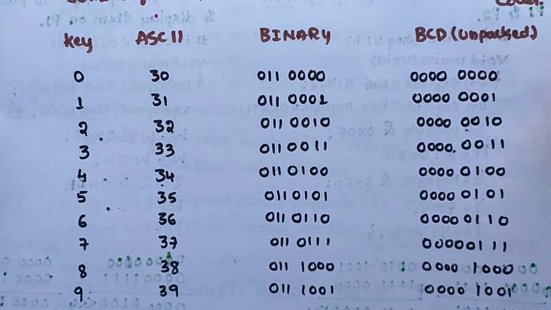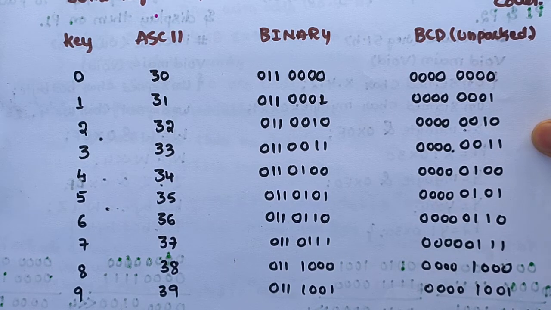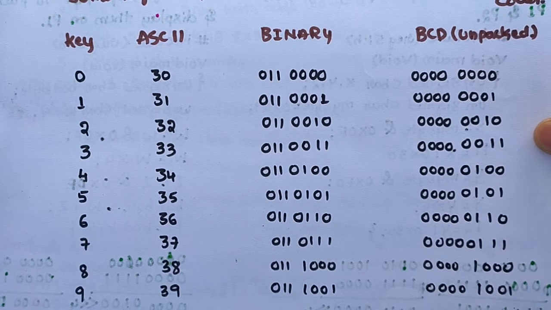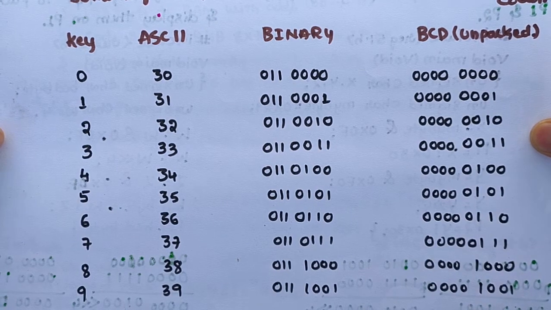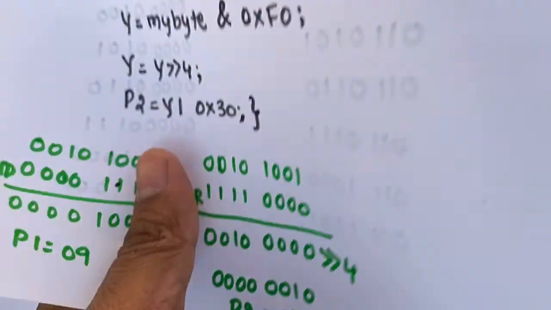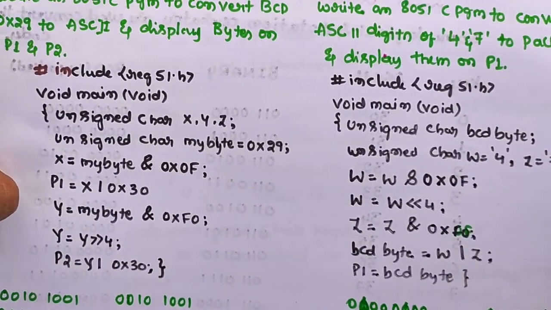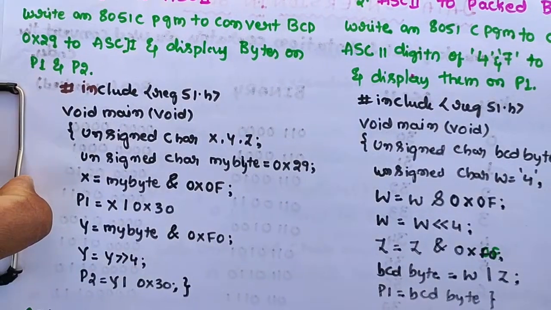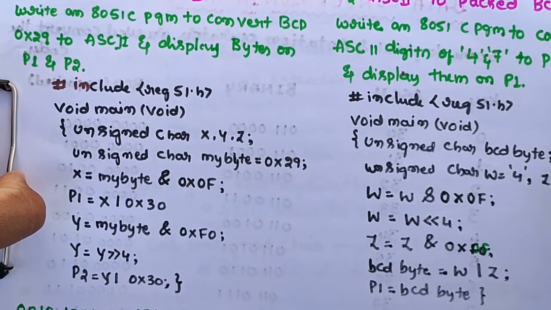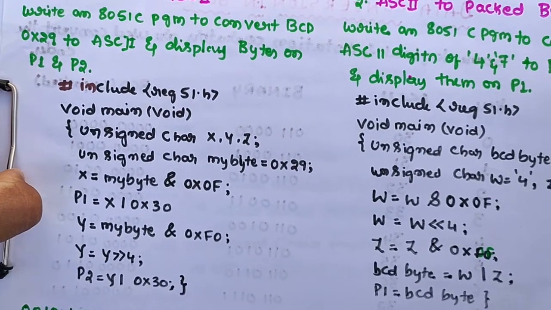So how to program? Only one simple program we are discussing, to understand how to convert the data from ASCII to binary or binary to ASCII. So here is a C program. I'm not going to cover the basic concepts of conversions, BCD to ASCII, ASCII to BCD.